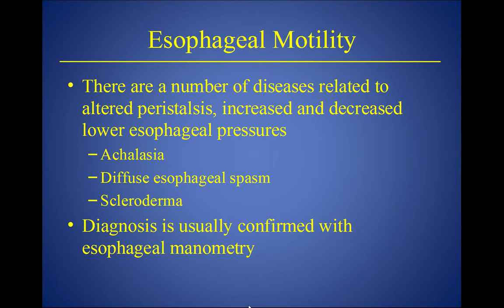The best thing to know about esophageal motility is that on any test there are really only two or three things they can ask you about, because there are only two or three entities that are studied enough and have enough clear criteria to discuss. So the main one by far in esophageal motility is achalasia. Then there's diffuse esophageal spasm and scleroderma. And this is usually always confirmed with an esophageal manometry, which I'll show you in a few minutes.